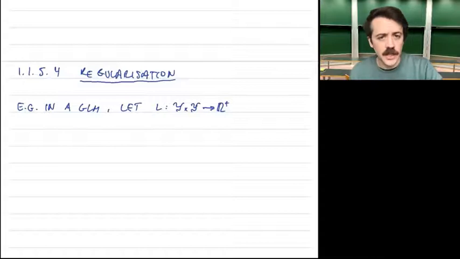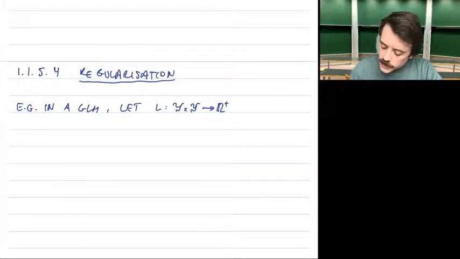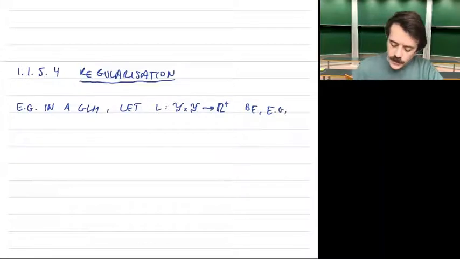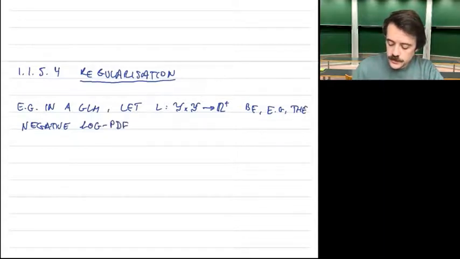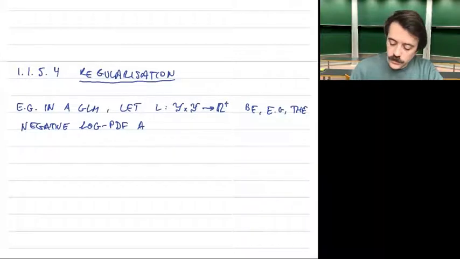So this is something like a loss function, but let this be, for instance, the negative log PDF at a given point, of a data point.